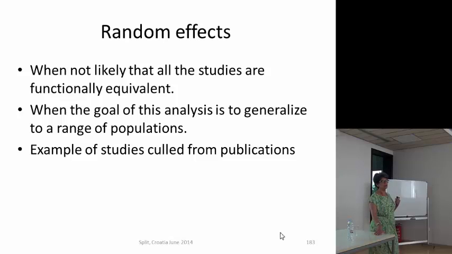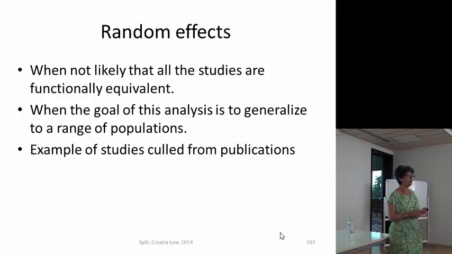I think that your model always has to be based on plausible beliefs about your sample. And I think that in most cases, it's just very implausible to think that they're all going to be functionally equivalent. Unless somebody's asking a very narrow question and they're fortunate enough that enough primary studies were done in that very narrow range to be able to meta-analyze that.